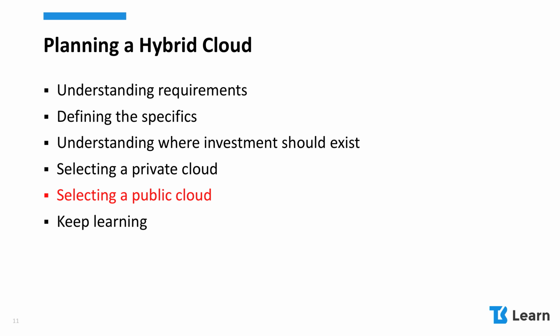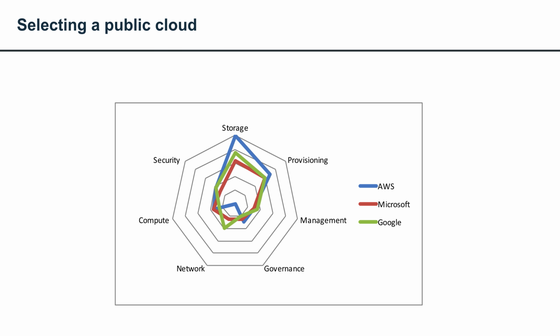Selecting a public cloud. When selecting a public cloud, we're in essence looking at our requirements and matching those requirements up to the strengths and perhaps the weaknesses of the public cloud provider. In this case, we look at the requirements we created in the previous slides: storage, provisioning, management, governance, networking, compute, and security. Then we look at how that layers across the different public cloud providers, in this case the big ones, Amazon Web Services, Microsoft, and Google.